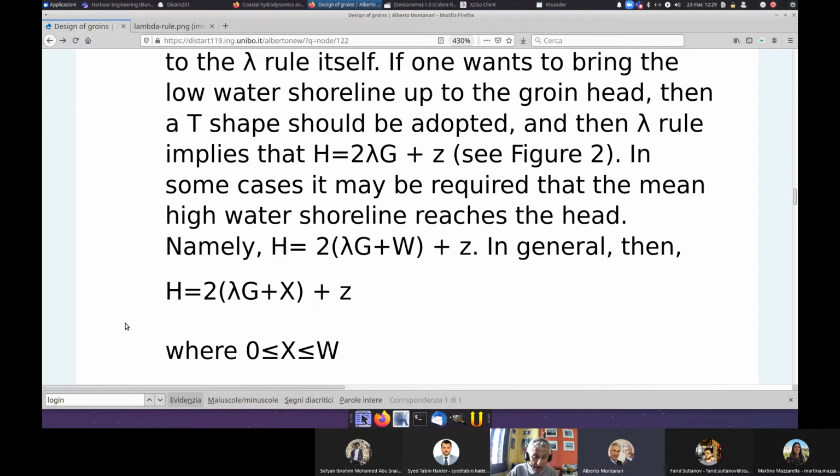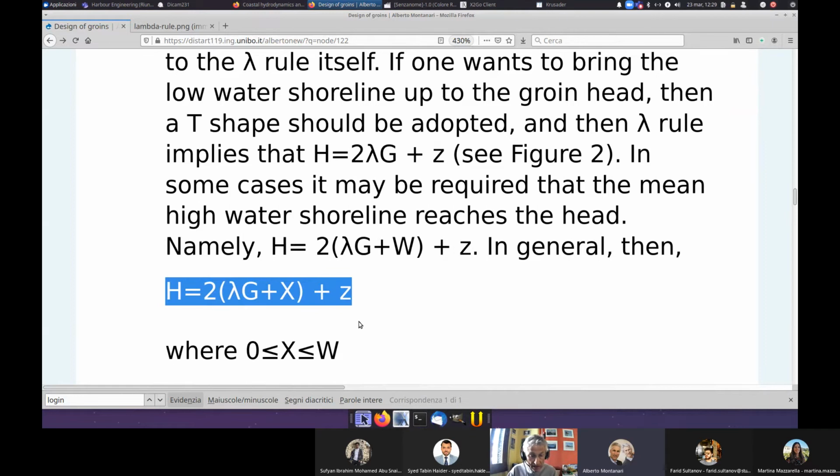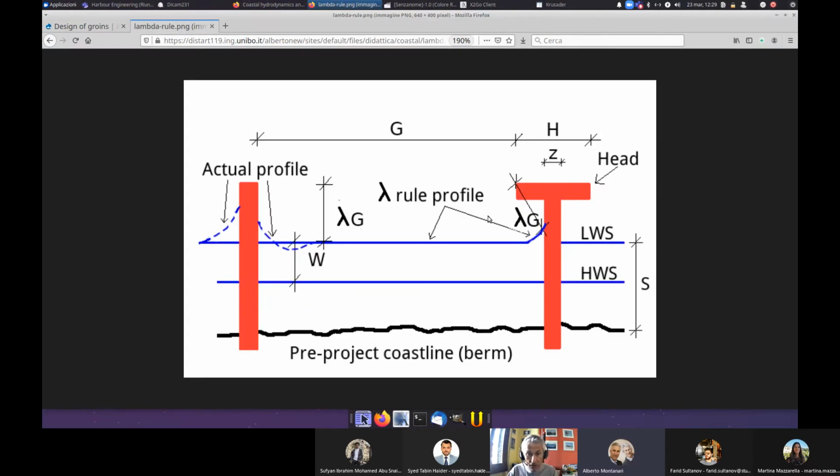Basically, this relationship here, I go to the figure now, it's saying that if you want to bring this low water shoreline or high water shoreline to the top of the groin, I have to increase the size H of the head, in order to bring this blue line up.